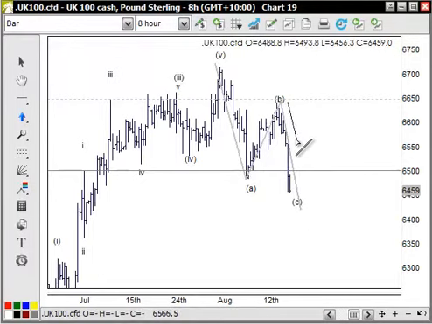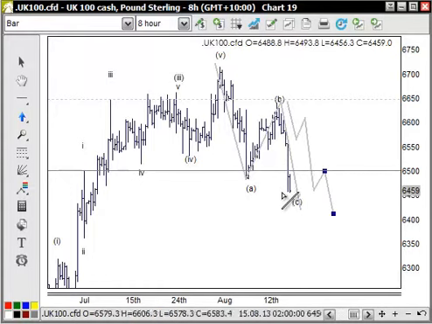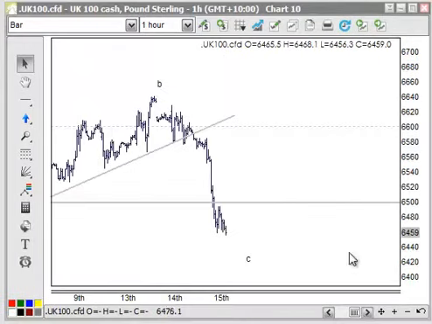The C wave here is always in 5 waves, but it can move down further as well through here. So if you've been playing in that market, there's still more to go.